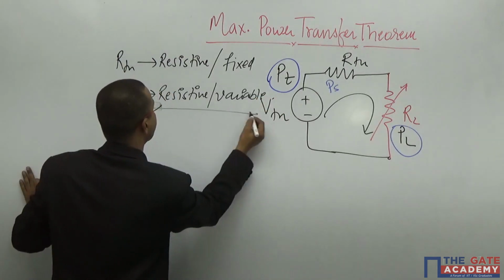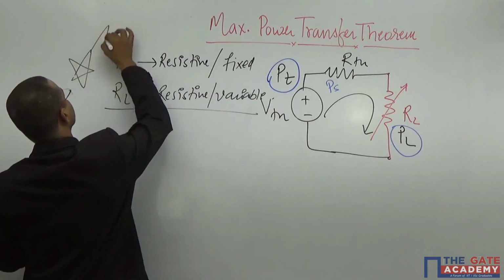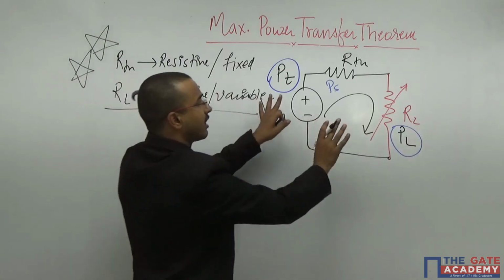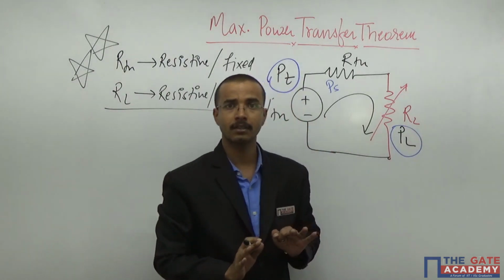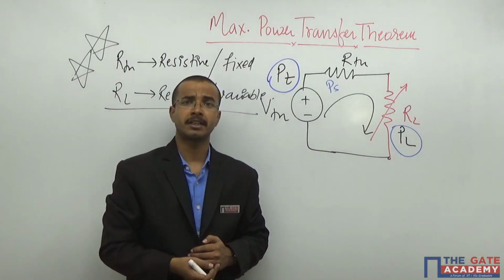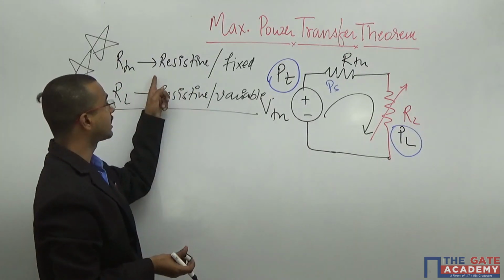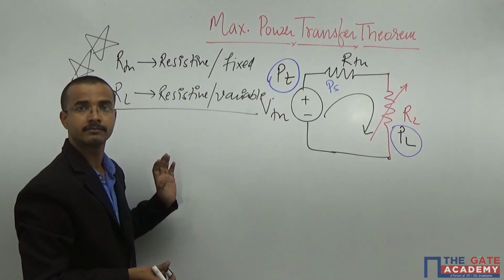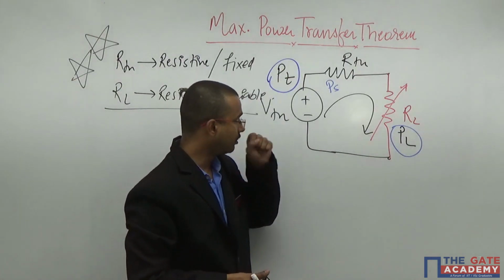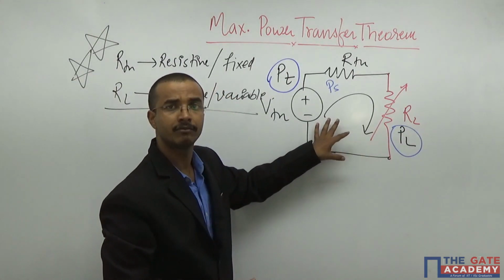So please keep in mind, it is very important, the condition of your circuit. Many times a lot of students apply the formula directly without satisfying the conditions. It is the simplest question we have.